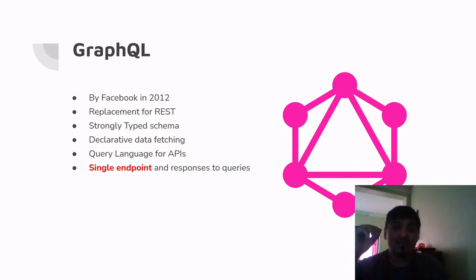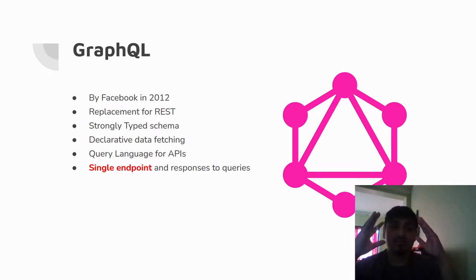It has declarative data fetching, and it also has standards. Unlike REST, where we can make whatever we like, that is not true in GraphQL. There are some declarations and some standards, and we have to follow them. Another important thing in GraphQL is the endpoint.